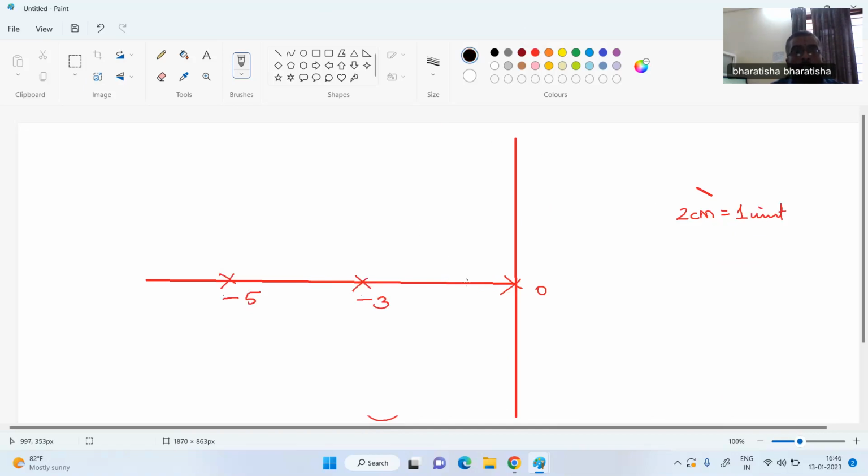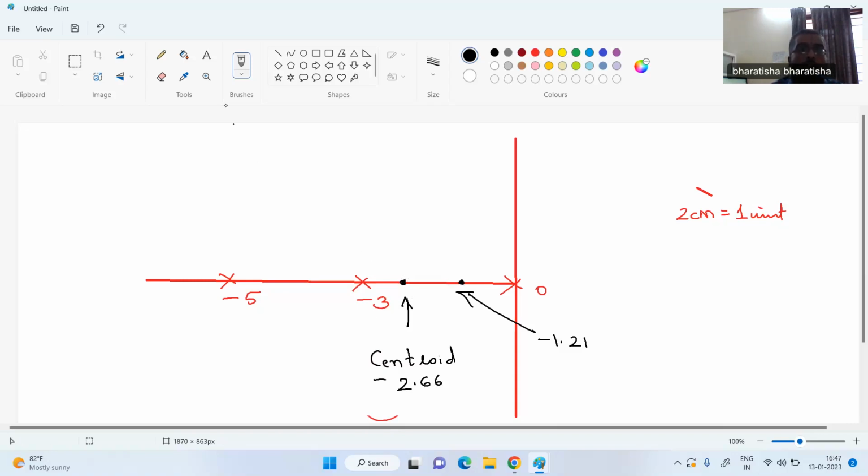Once you have marked these poles, then you can mark the breakaway point and the centroid. The breakaway point is here, at minus 1.21. Then you have the centroid here, approximately at minus 2.66. So mark this breakaway point and centroid.